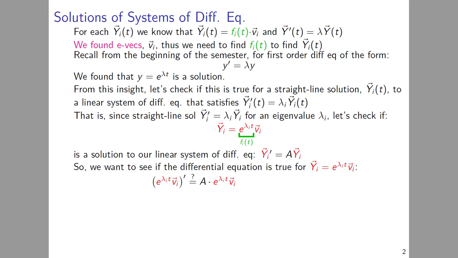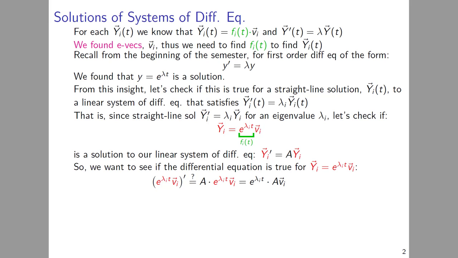To check if this is a solution, we need to see if yi equal to e to the lambda i t times vi satisfies the equation: (e to the lambda i t times vi) prime is equal to A times e to the lambda i t times vi. Let's compute each side and see if they are in fact equal.